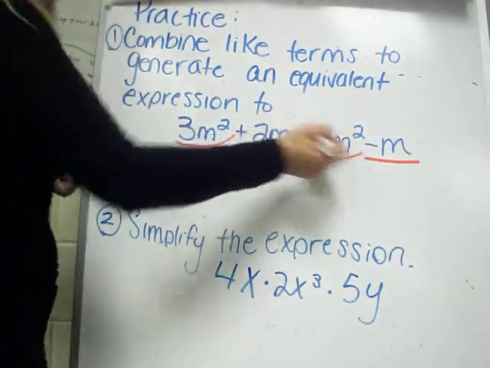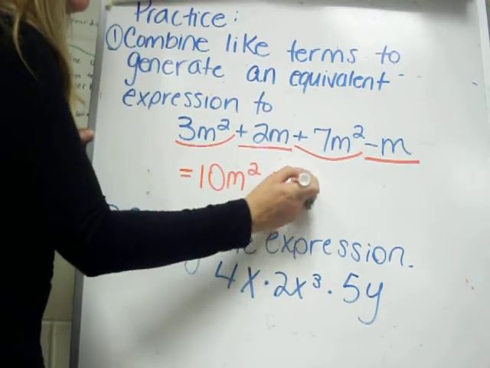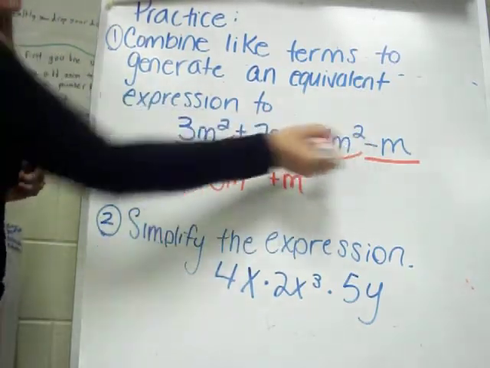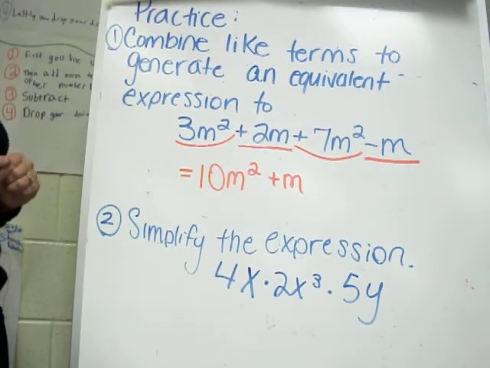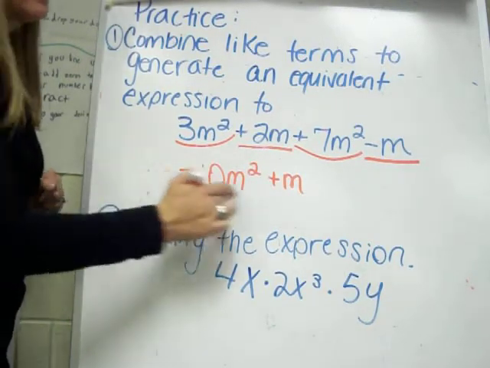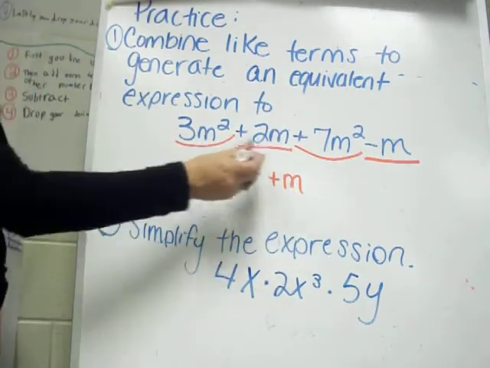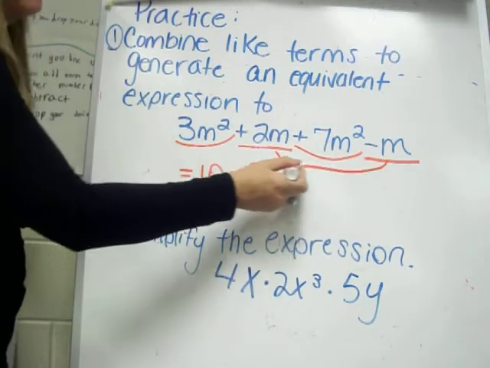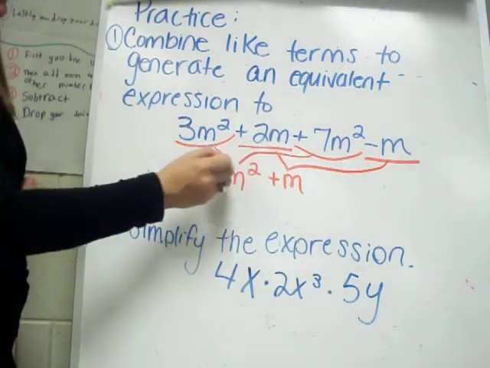So 2m minus the 1m just leaves me with m. So that means this expression, 3m squared plus 2m plus 7m squared minus m, is equivalent to 10m squared plus m. We got the plus m from these two and the 10m squared from these two.